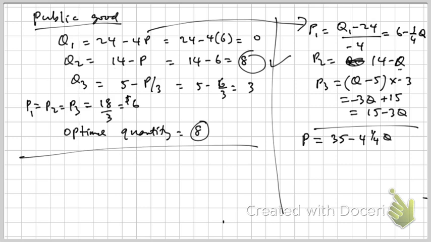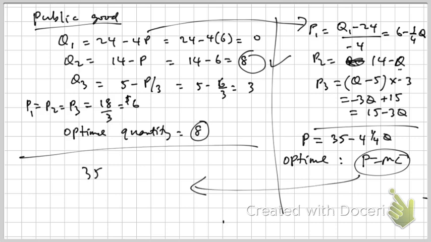So set this equal to marginal cost. So the optimal point is P equal to marginal cost. Therefore, the marginal cost is 18, which gives us 35 minus 17 over 4 Q is equal to 18.